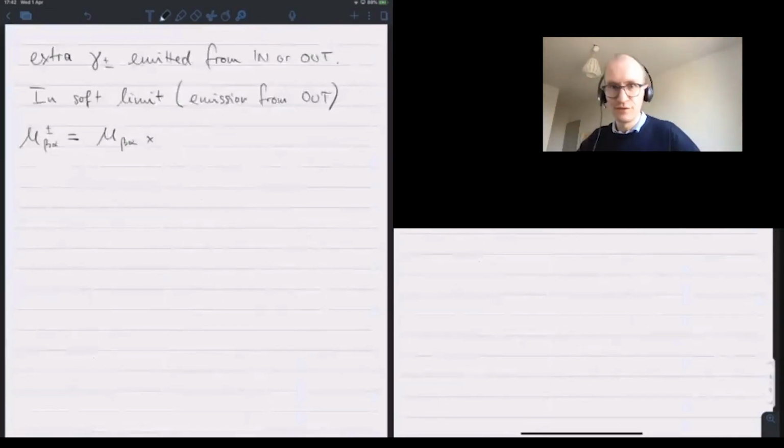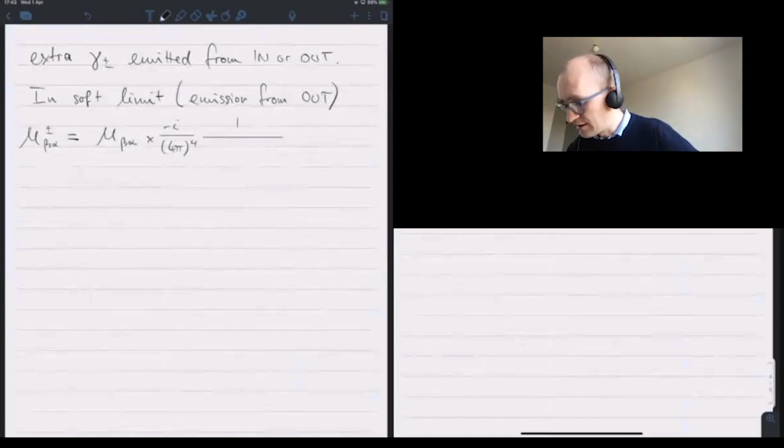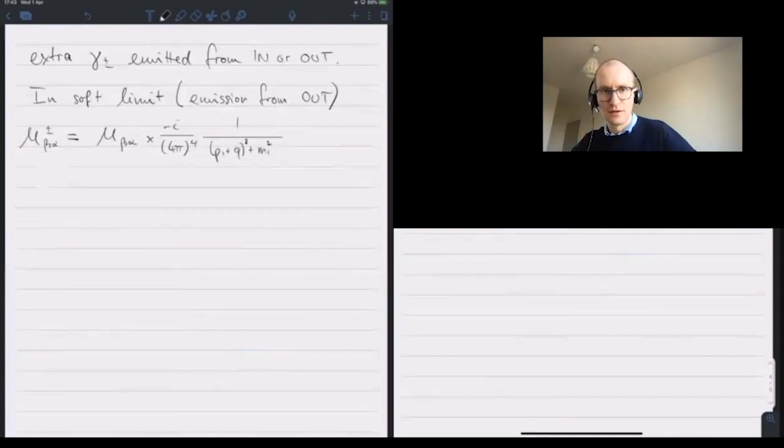So what does that give? Well, in the simplest case, where we have a spinless particle, this has a normalization factor, minus i over (2 pi) to the power 4. But now this propagator, 1 divided by (P1 plus Q) squared plus M1 squared. Let me write it and then say what all these terms mean.